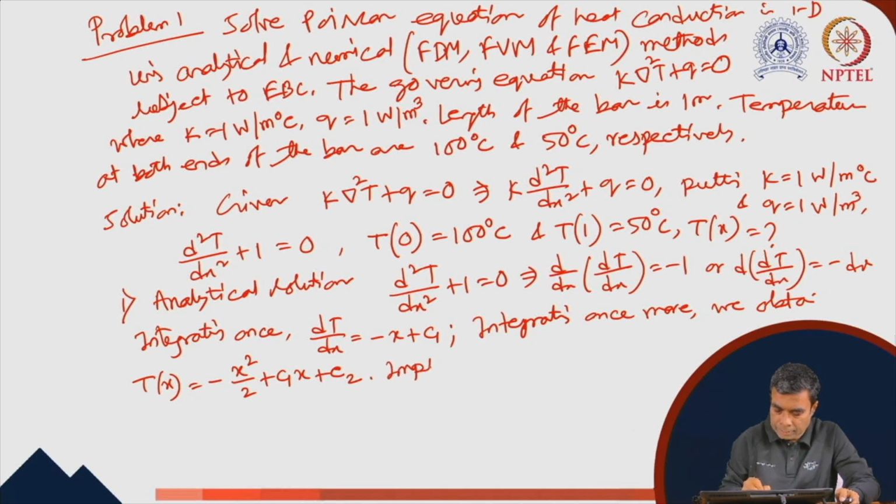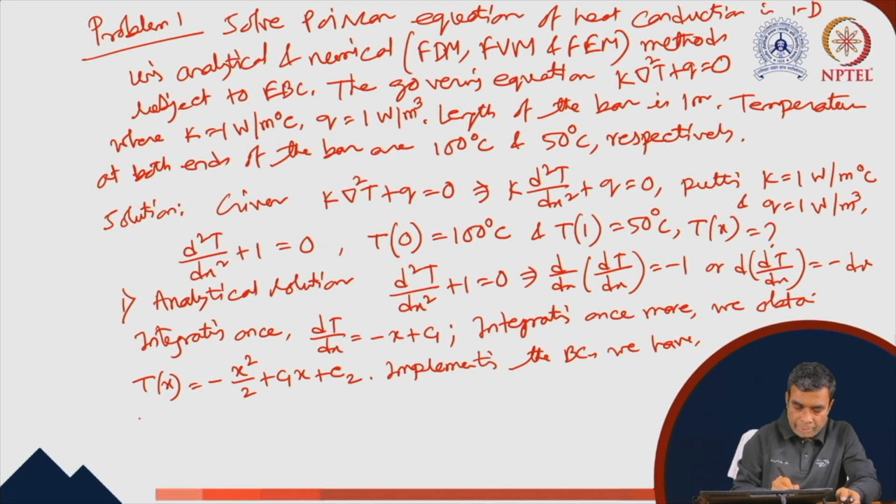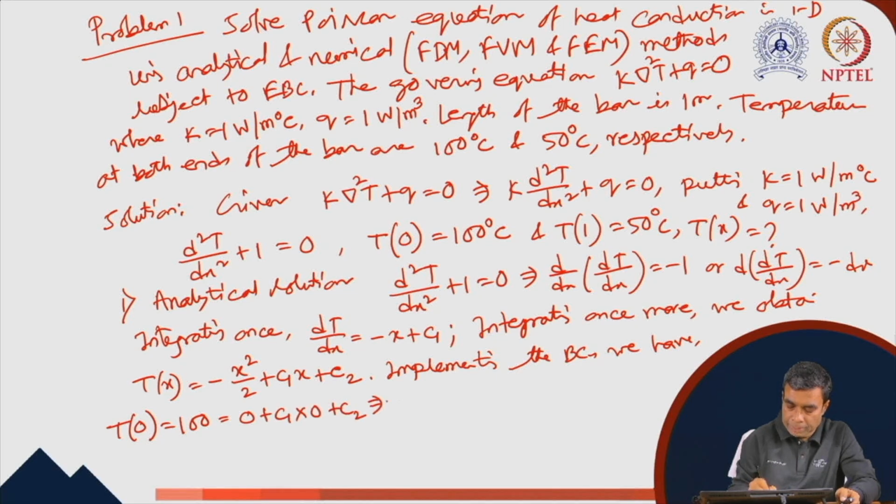Implementing the boundary conditions, we have at x equals to 0, T0 equals to 100 degrees centigrade equals to 0 plus C1 into 0 plus C2. This gives us C2 equals to 100.